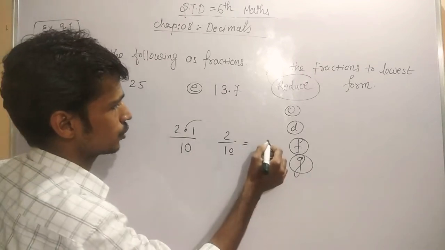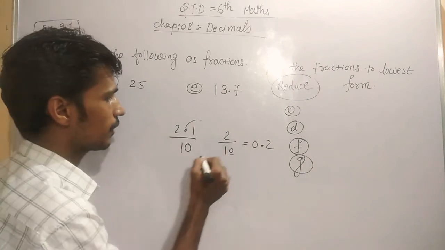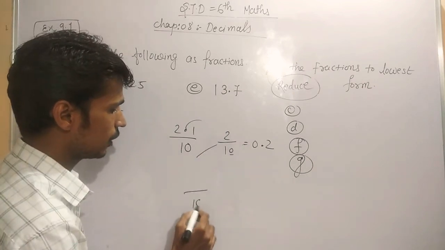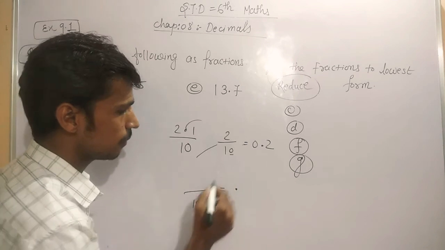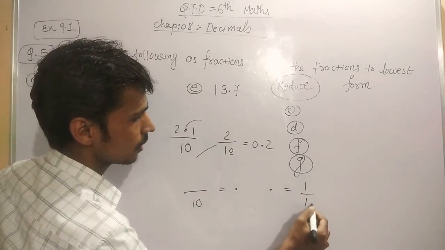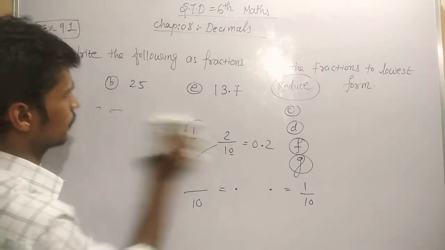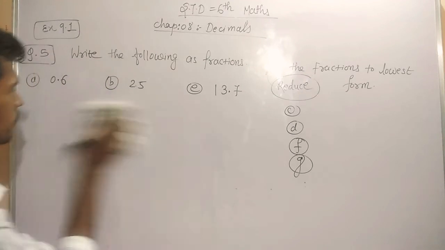This is the reverse form. If the denominator is 10, decimal will come. If there is a decimal, then 10 will come in the denominator. Understood? Okay. Let us see the next sum.